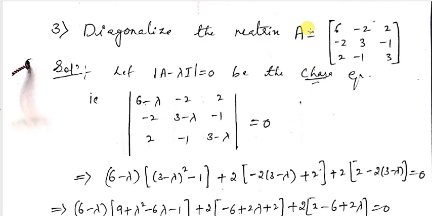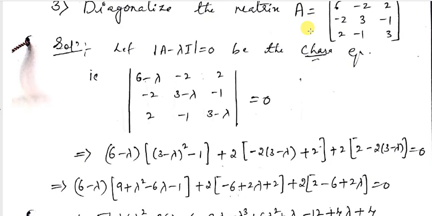We have to diagonalize this matrix. So let us compute the eigenvalues and eigenvectors.